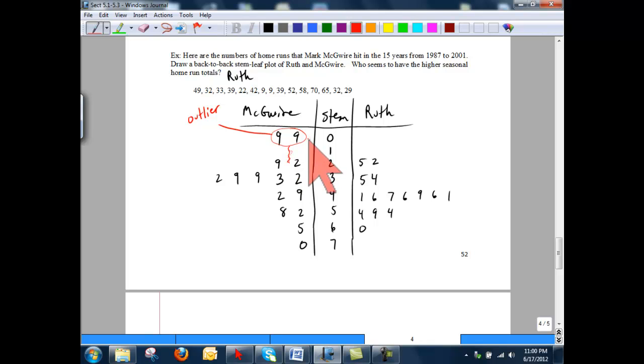Or should you penalize a player for being injured? It's maybe easier to argue that the injury number should be kept in rather than the strike number, but still, those are decisions to be made, and they're decisions that can't be made by just a mathematician or a statistician. They have to be made by the user of the data.